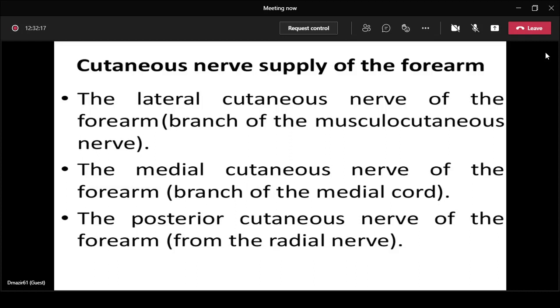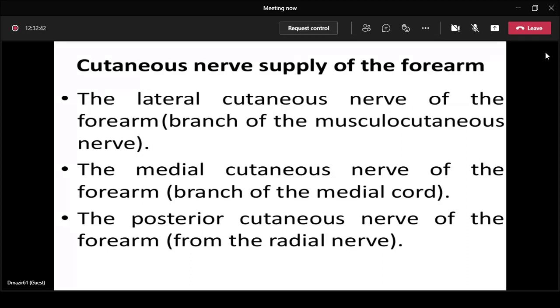In the cutaneous innervation of the forearm, there are two things: one is the cutaneous nerves and the other one is the dermatomes. Cutaneous nerves are the twigs of the nerves which are carrying the sensory supply from a particular part of the skin.